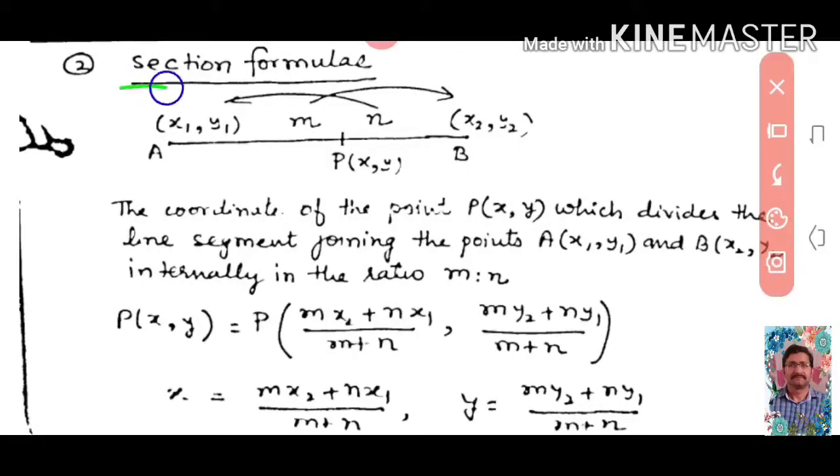Look here, section formula means this point P is not in the middle. You can see it is shifted to one side.